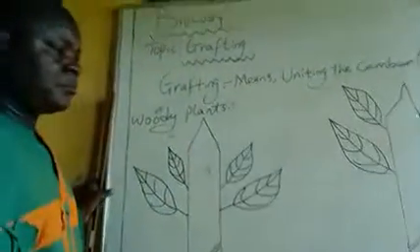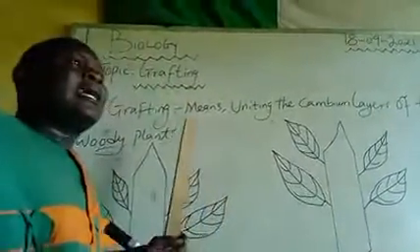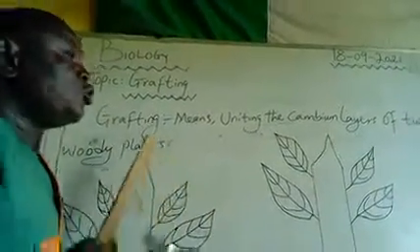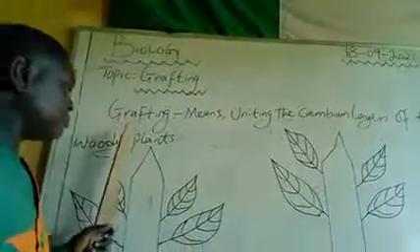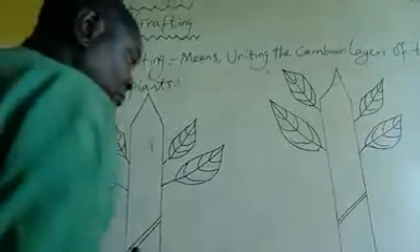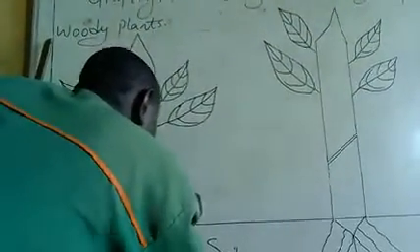Grafting means uniting the cambium layers of two woody plants. The lower stem is called stalk.